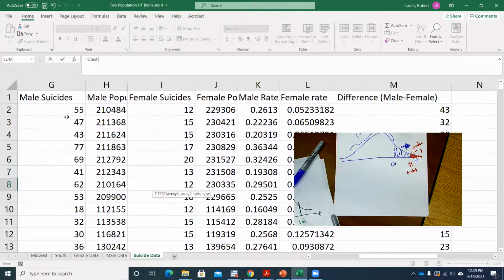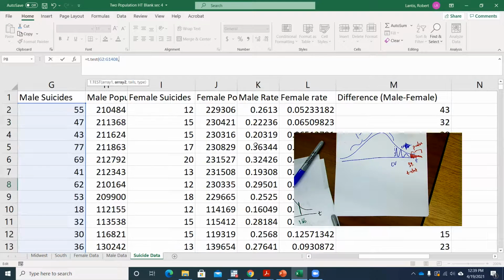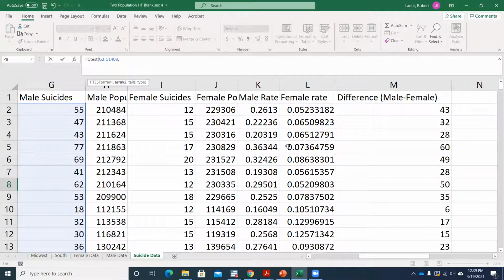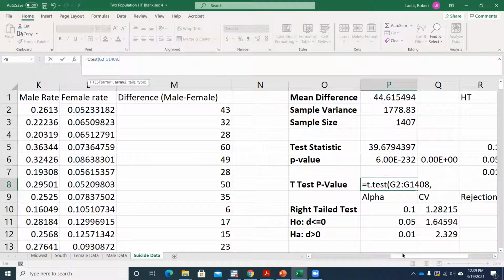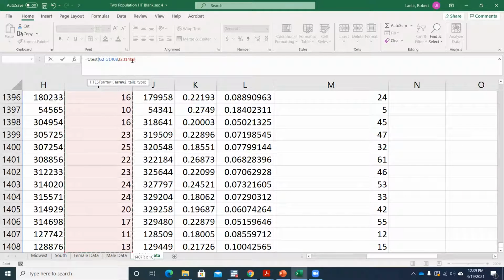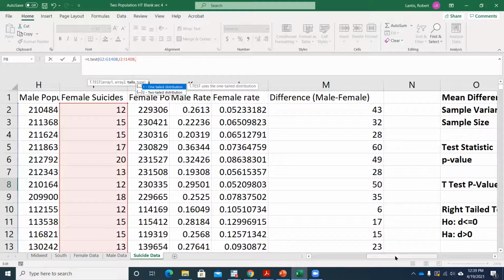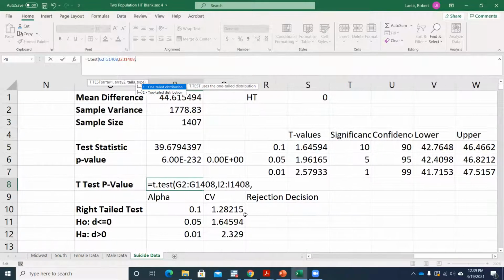So I'll select male suicides, starting with the very first data point. I'll go up to this little formula where I can put a comma. So I selected that first variable, which was male suicides. Second variable is female suicides, so I'll select that, comma, I'll scroll all the way back up so I can show you what we're doing.